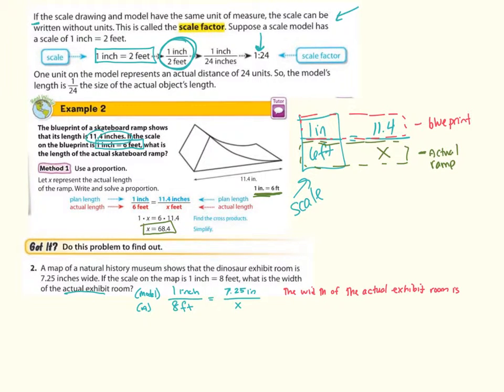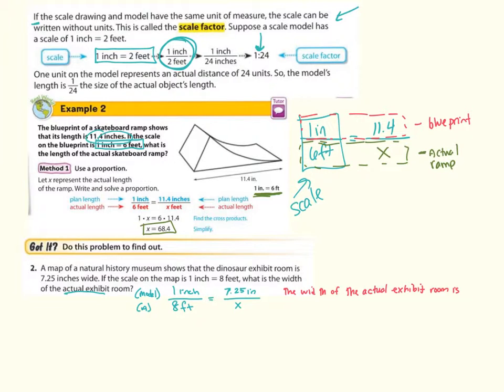You should have set up your proportion with the scale of 1 inch to 8 feet being your first fraction. It doesn't matter which number goes on top or bottom, just as long as the third number that you put in there for the second fraction is corresponding to its appropriate part.